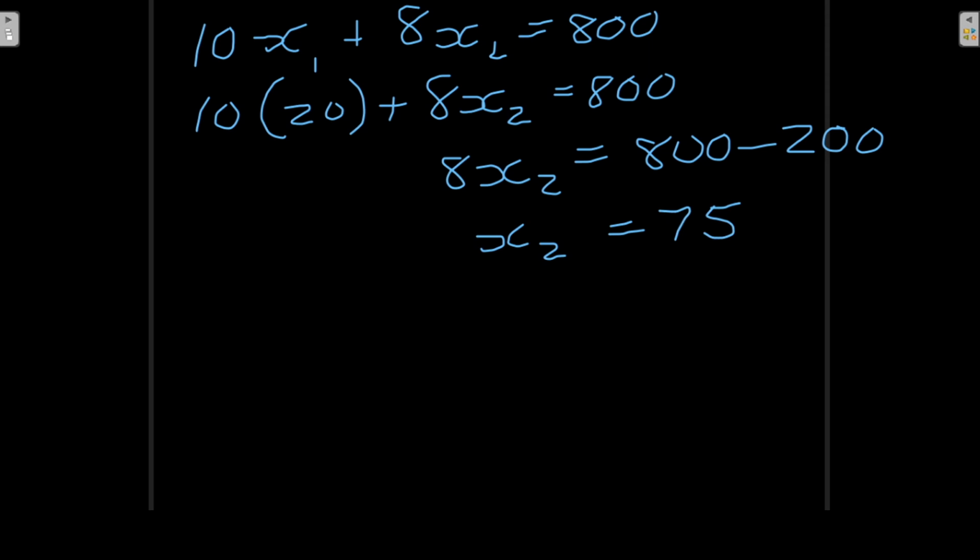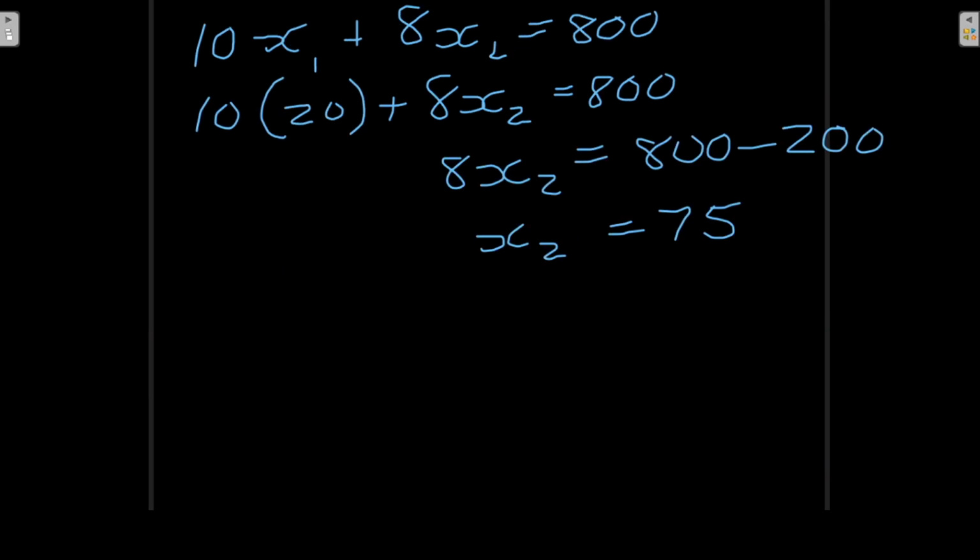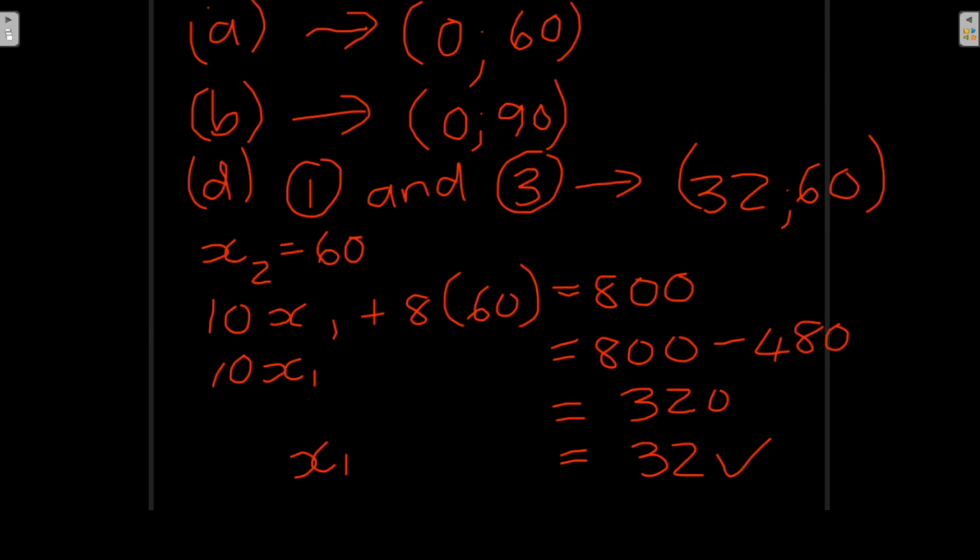So now I know that at corner point C, my x1 is equal to 20 and my x2 is equal to 75. So for corner point C, I have that x1 is equal to 20 and x2 is equal to 75.